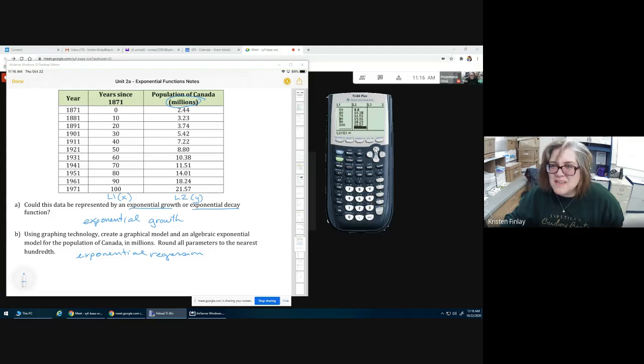Just do a quick scan, make sure that it all lines up. It looks like it's good. Looks like I haven't missed anything. Okay.